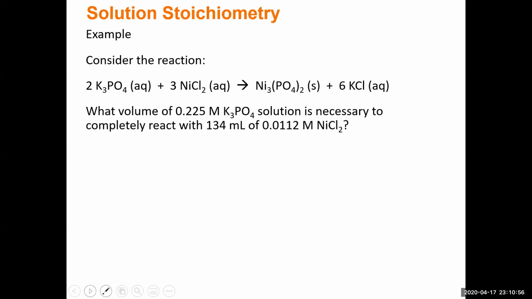Let's try another example problem. Here we want to consider the following reaction where we have 2 moles of K3PO4 reacting with 3 moles of NiCl2, forming 1 mole of Ni3(PO4)2 plus 6 KCl.